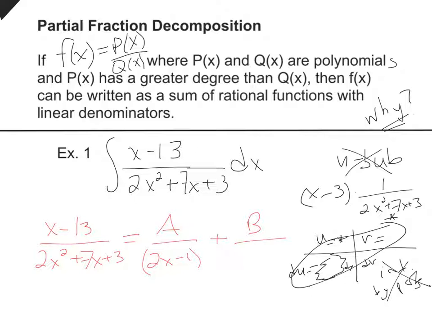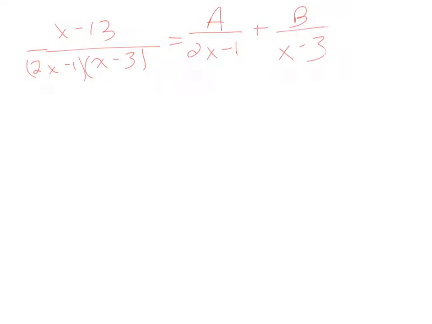You can check that factoring. We can rewrite that integrand as a over 2x minus 1 plus b over x minus 3. If we can solve this for a and b, if we can get constants there, then we will be able to integrate those individual fractions by u substitution. That's the method of partial fraction decomposition, and we're going to continue this example on the next page.